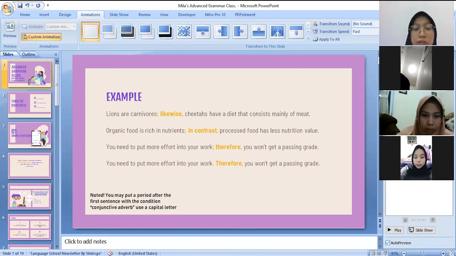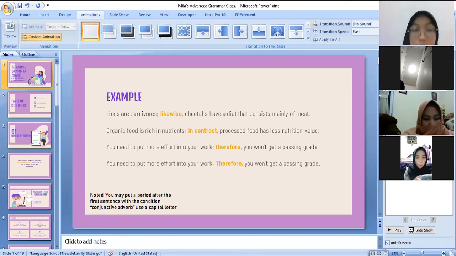So likewise is the conjunctive adverb as the connector of two independent clauses in a compound sentence. But read the note here. You may put a period after the first sentence with the condition that the conjunctive adverb uses a capital letter. Look at the very bottom example. You need to put more effort into your work.